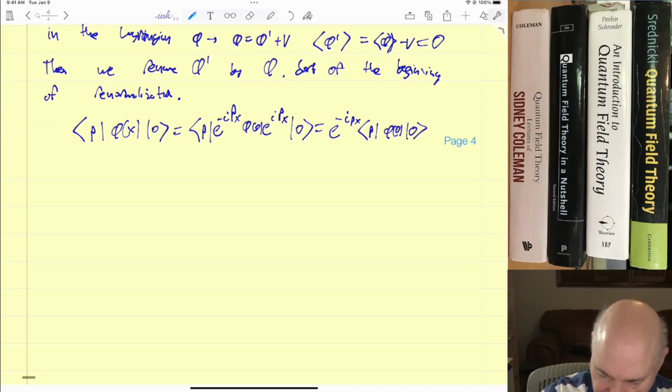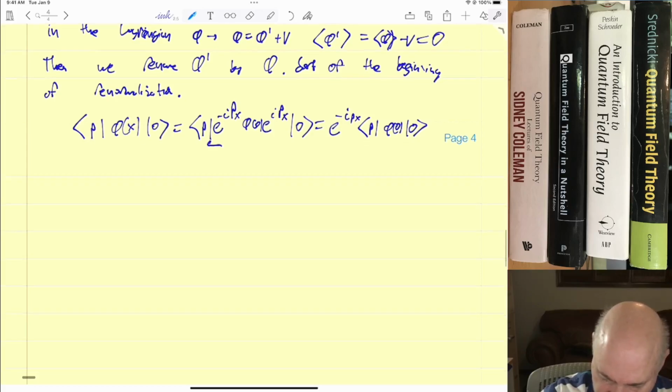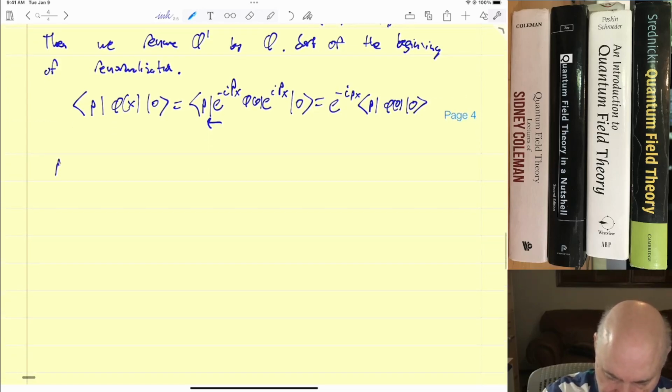Again, just applying this to that leads to taking that out. Now this is again a number. It's a Lorentz invariant scalar.